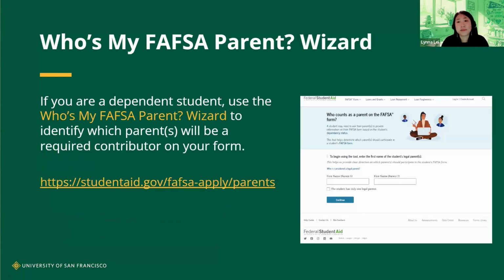There is a tool to help you determine which parent is a contributor on your FAFSA, especially for students whose parents are separated or divorced. That would be the Who's My Parent wizard tool, and you can find that on the studentaid.gov website.